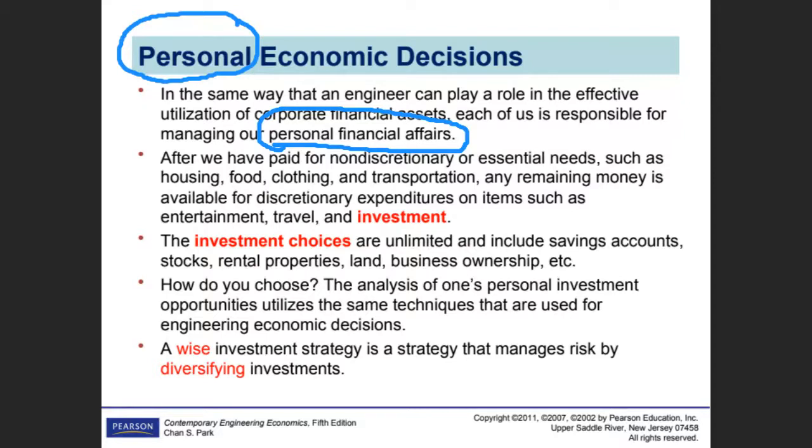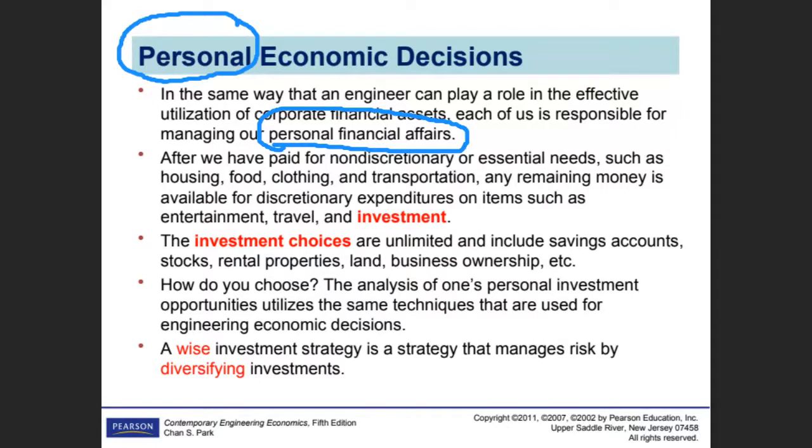Then you have to manage your finances, of course. No one has unlimited financial resources. Even if you have millions, still it is limited, right? So within those limited resources, you have to make decisions. How much money to spend on clothing, on entertainment, on, let's say, a mobile phone, on going outside, on traveling? So you have to see your budget, and then you have to make the decisions.